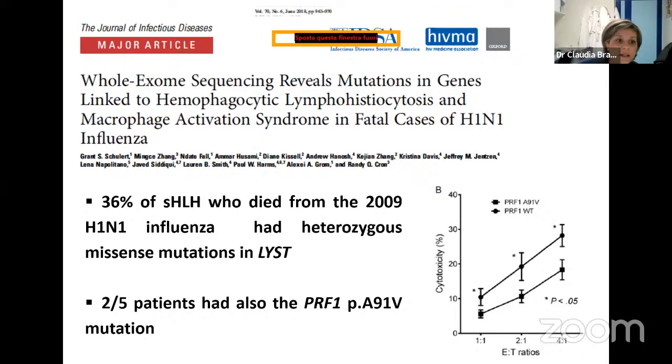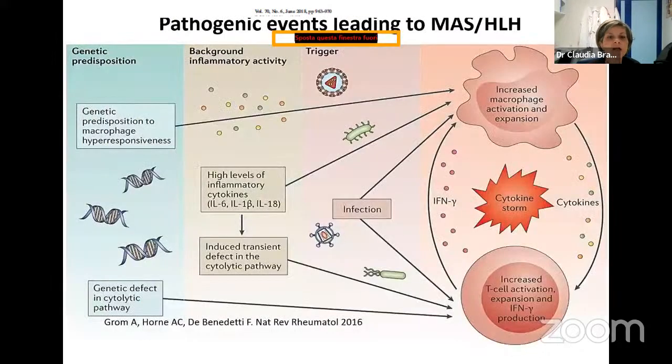In this report, Dr. Schulert collected data from patients with HLH secondary to influenza, patients who died with HLH during the pandemic of 2009, and 36% of these patients presented a heterozygous missense mutation in LYST. Also, 2 out of 5 patients who died presented a variant in the perforin-1 gene. So the genetic predisposition can have a relevant role not only in MAS in the context of systemic JIA, but also in HLH secondary to other triggers.